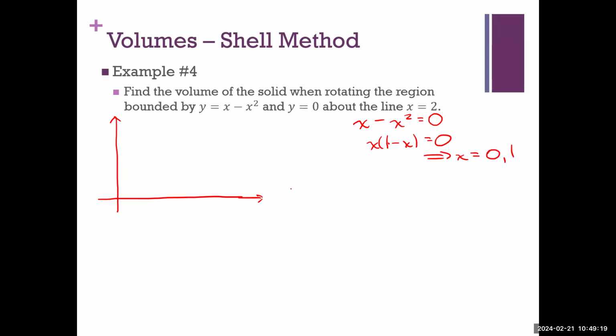So it's going to cross the x-axis at 0 and 1. But where's the axis of rotation now? X equals 2. So this is going to be one of those times where we don't get the radius for free. We have to be a little more careful about it. My region is above the x-axis, right?